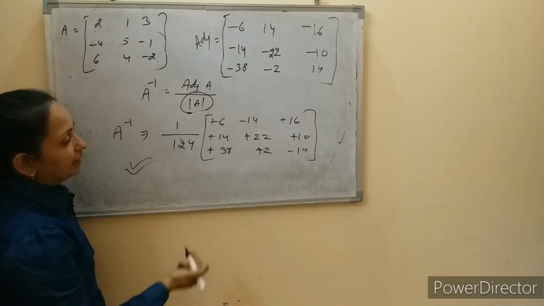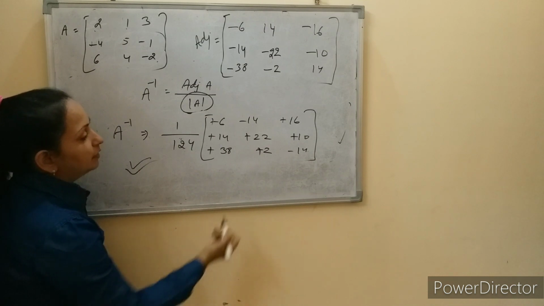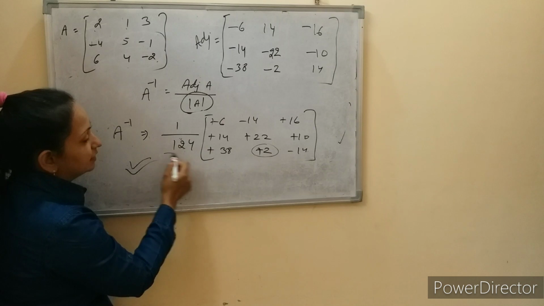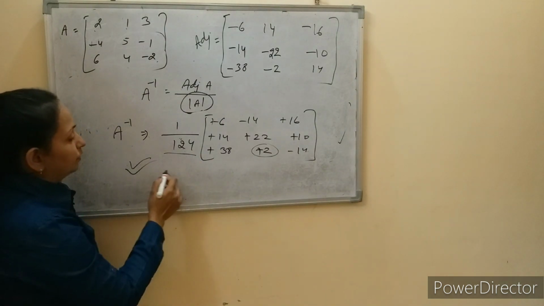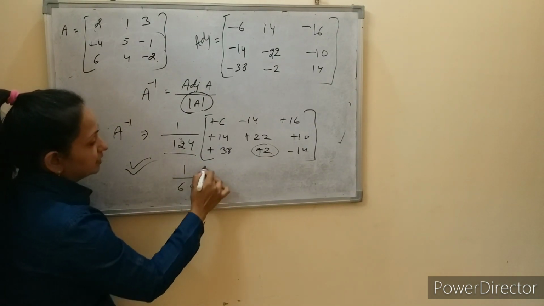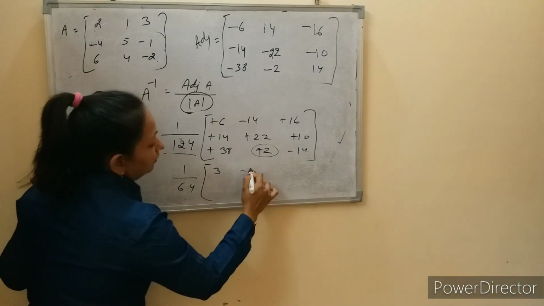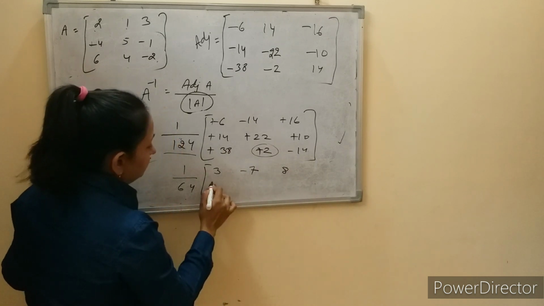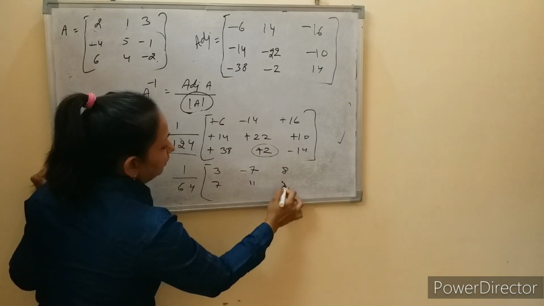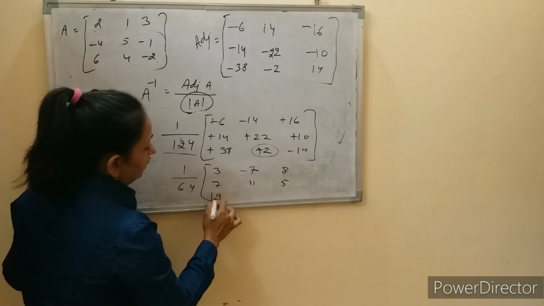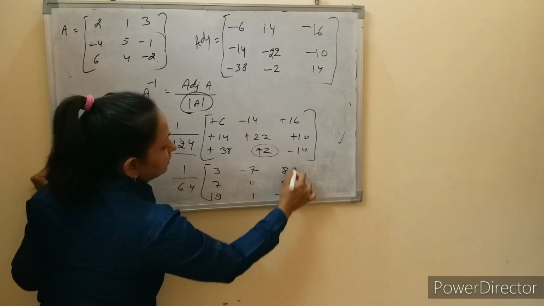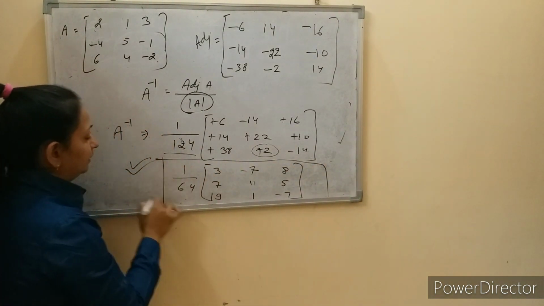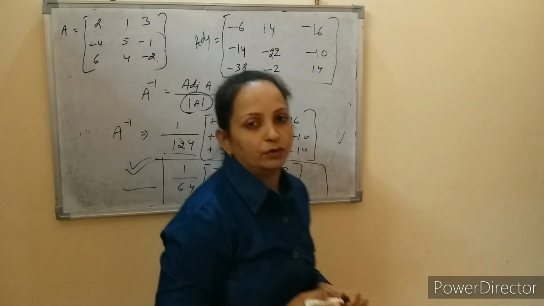But if you want to simplify, all the numbers are even, and 124 is also divisible by 2, so you can cut everything by 2. You can write 1 upon 62 times 3, minus 7, 8, 7, 11, 5, 19, 1 and minus 7. You can write it like this, and this will be the inverse of your matrix.